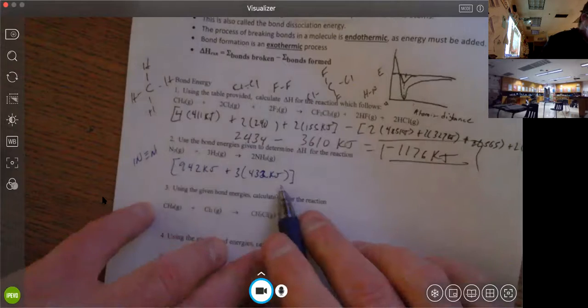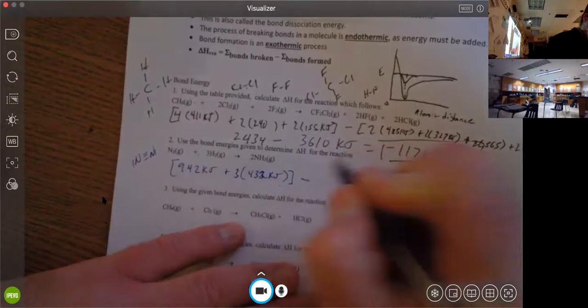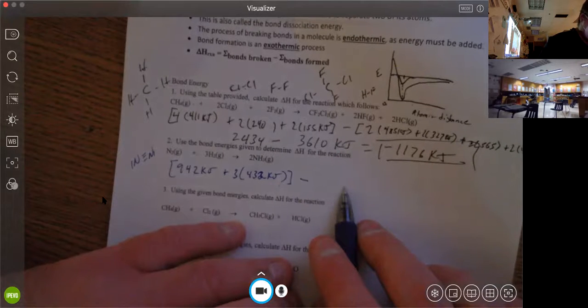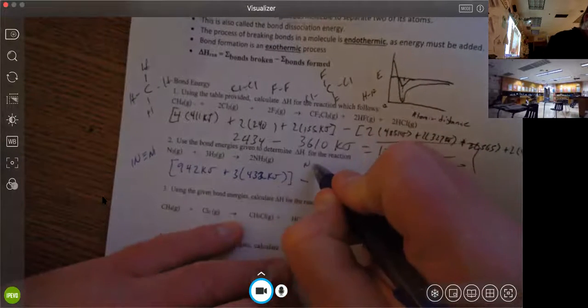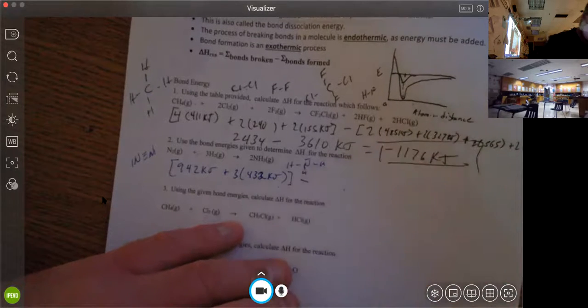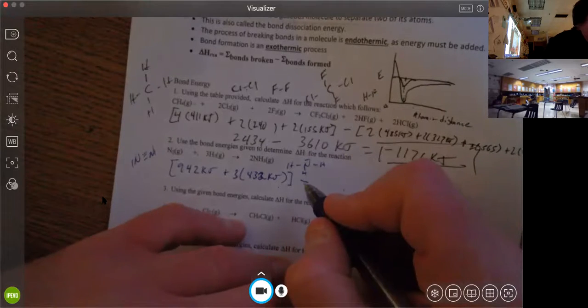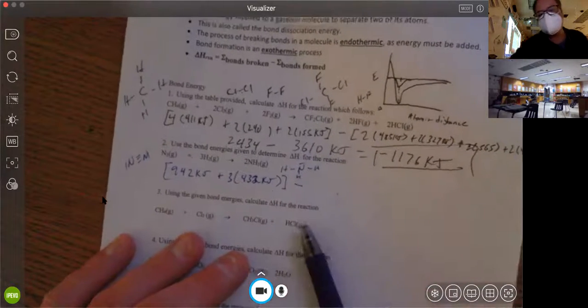We're going to sum the energy required to break all these bonds up, and then we are going to subtract the energy that's released whenever the bonds are reformed for ammonia. So ammonia, what type of geometry do we have with ammonia? Three bonds, 1 unshared pair.